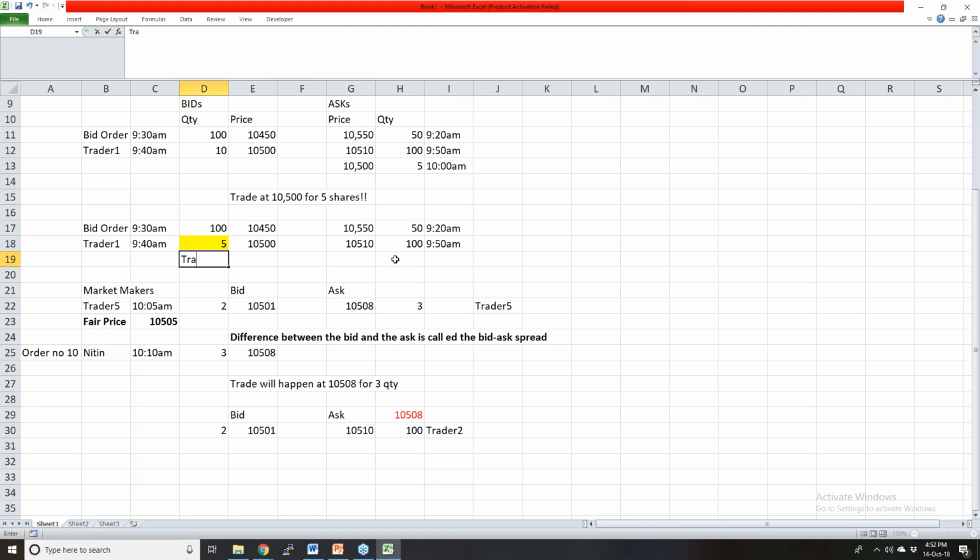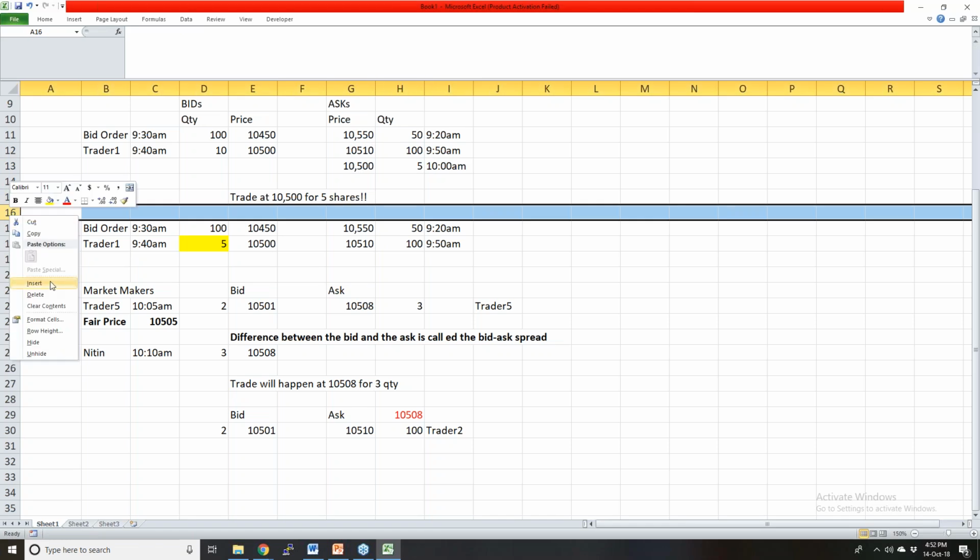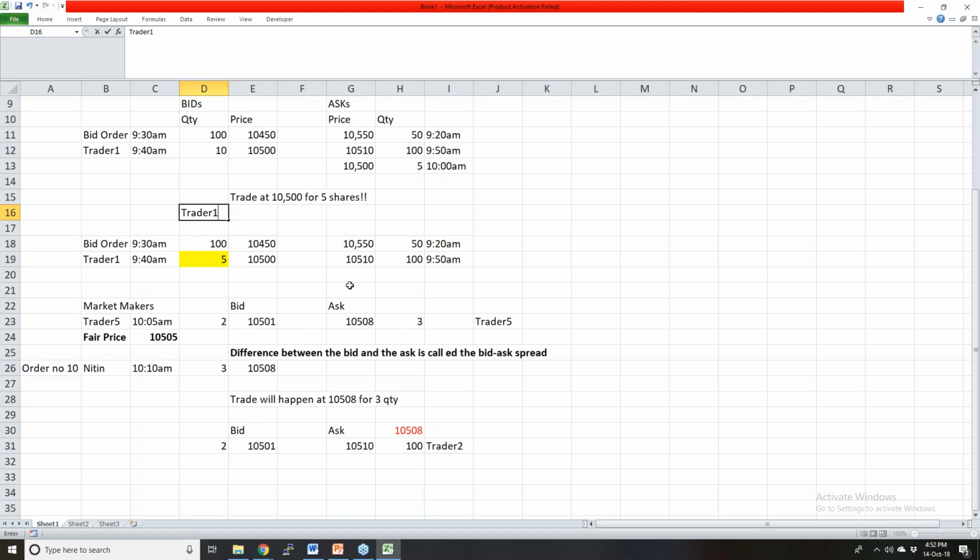So basically trade will happen at 10,500 for 5 shares, and trader one will have 5 shares in his account, and 5 shares would be left out of the 10 that he wanted to buy. Is this clear?